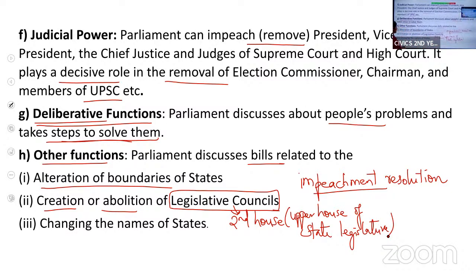In previous classes, I told you there are 7 states in India which have legislative councils. So if any state wants to create a legislative council in their legislature, then that bill has to be passed by the parliament. If any state wants to abolish the legislative council, again the bill has to be passed in the parliament.